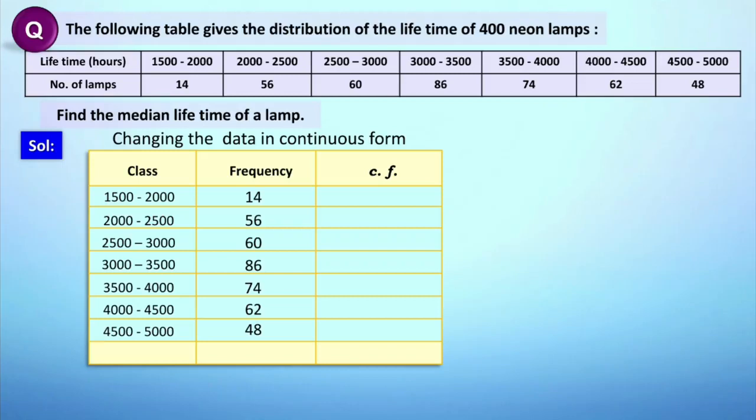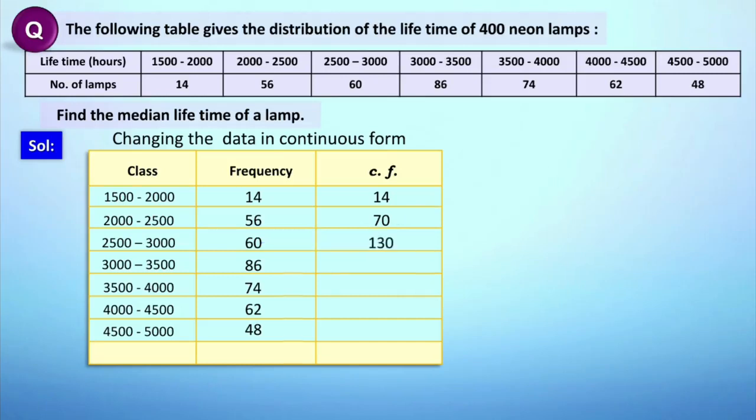That is, we will consider 14 as it is. Then 14 is added to 56. We get 70 and we write 70 beneath 14. Then 70 is added to 60. We get 130. We write 130 below 70.